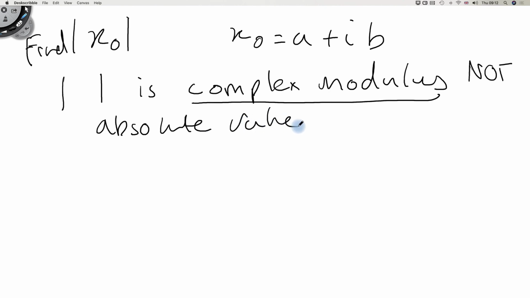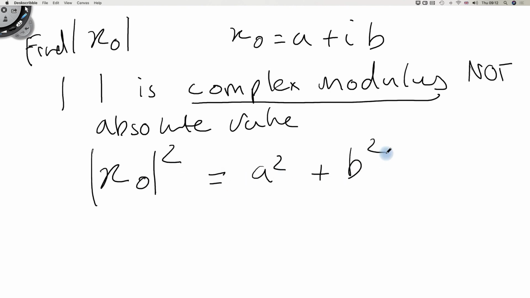The important thing is we don't just square the i bit. Unfortunately, some people either didn't learn this properly at A level or miss it out. Some people will square the a and then square the i and get a squared minus b squared. No, that's not the way to do it. The modulus squared of x0 is a squared plus b squared.